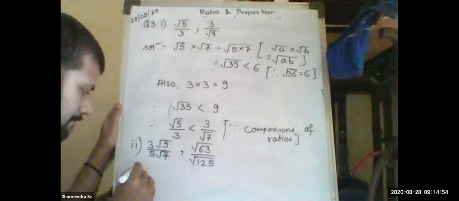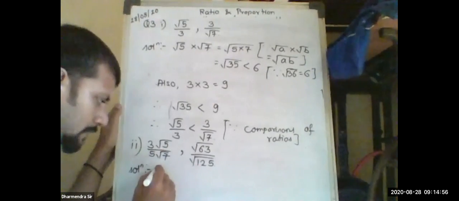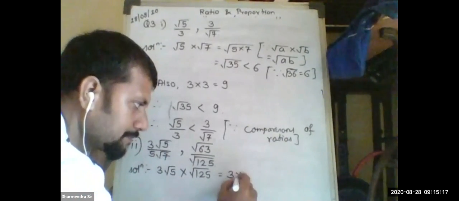Solution: 3 root 5 into root of 125. Again, same rule. What we have used here? We have used root of A into root B is equal to root of A into B. So this is 3 into root of, as 3 is not having root, keep it outside.